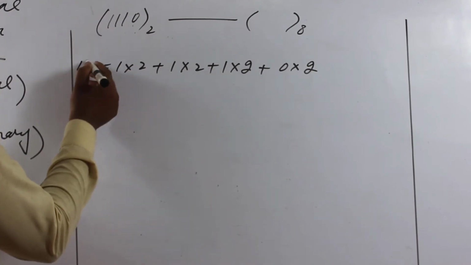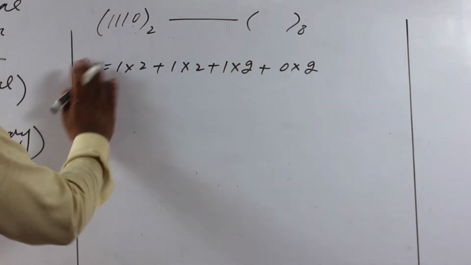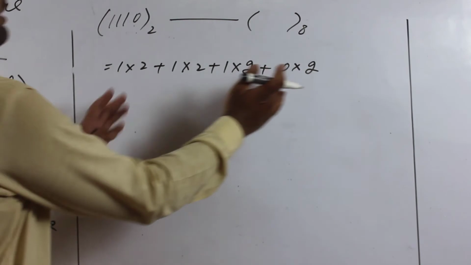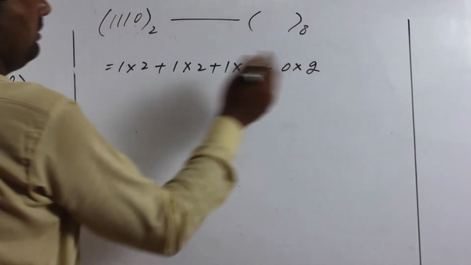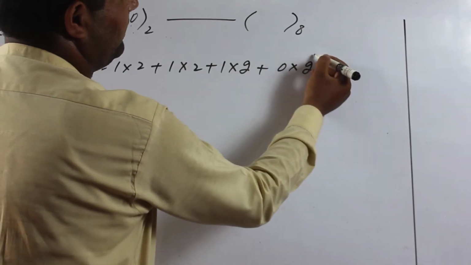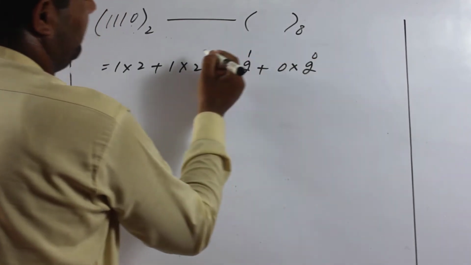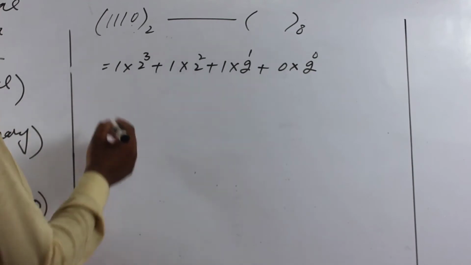This is the binary expanding method of the binary number system converted into the octal. Now write the powers on the right side: 0, 1, 2, 3.